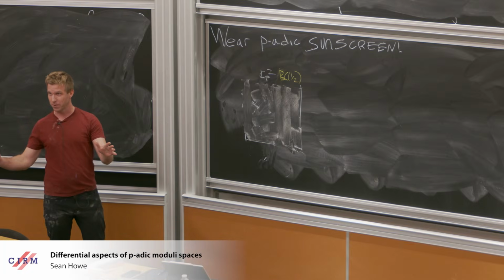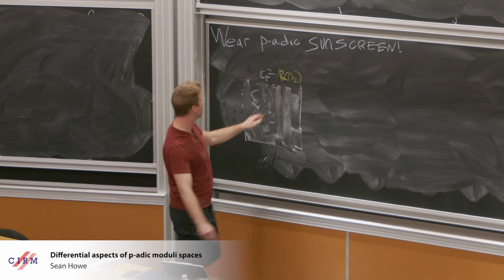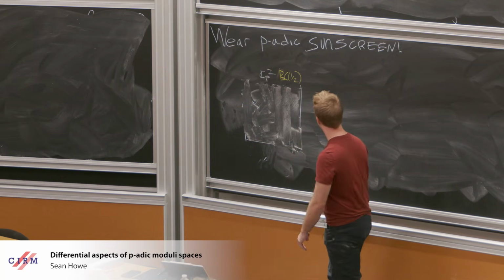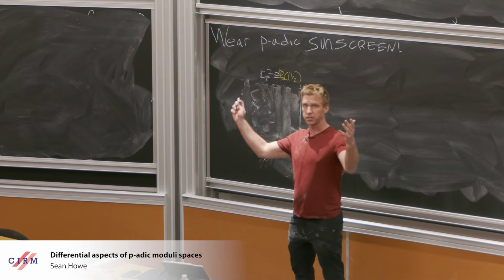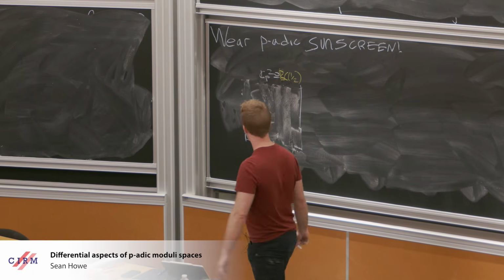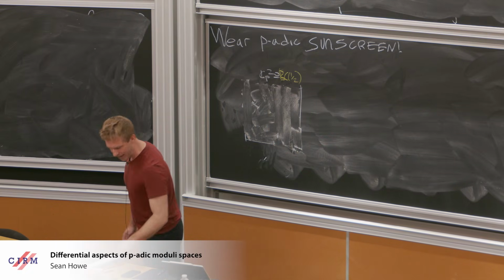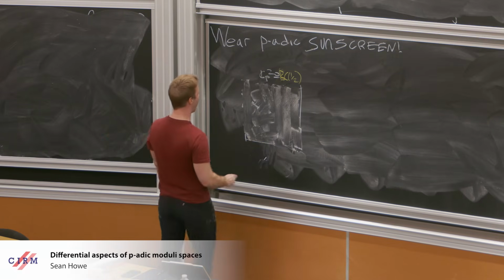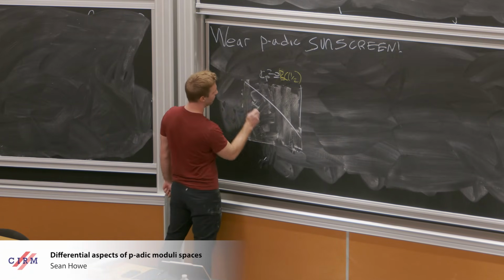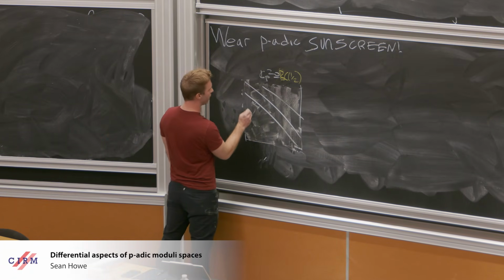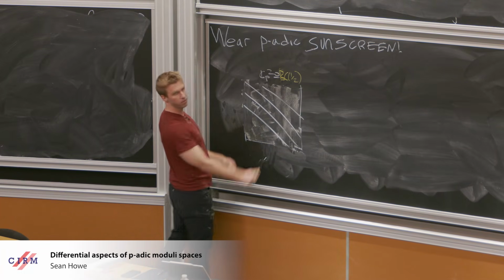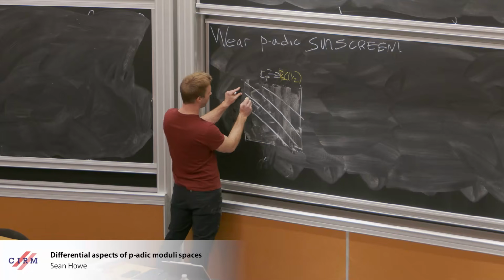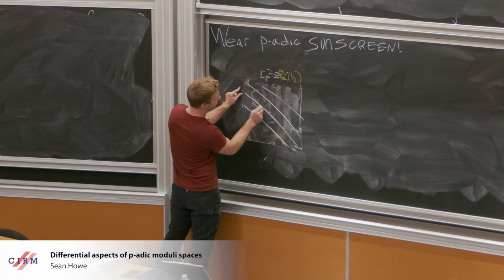I don't know if you guys have heard about this stuff. It's really cool. It's called BC of 1/2. It lives inside of CP squared, so there's two-dimensional space over CP. But it has this amazing property: if you take any line inside of CP squared and intersect it with this BC of 1/2, you're going to find a QP squared worth of points.